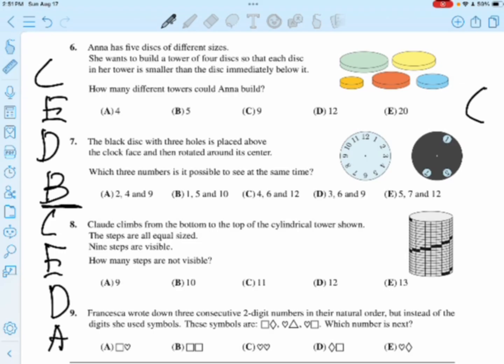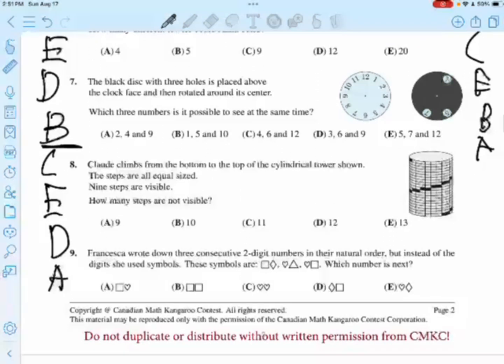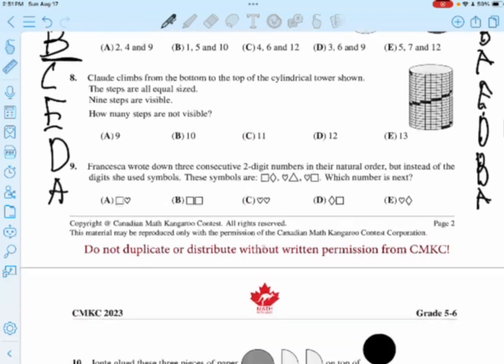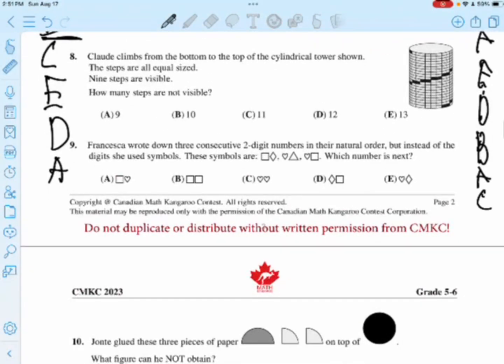C, E, B, A, and then E, D, B, A. Then one last one is C, D, B, A.